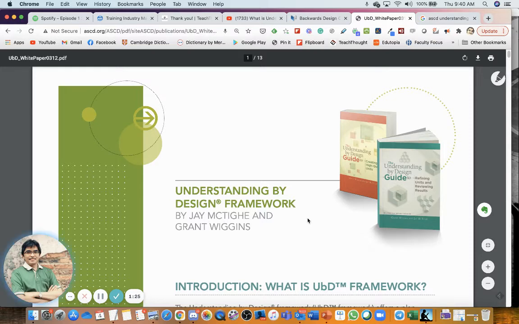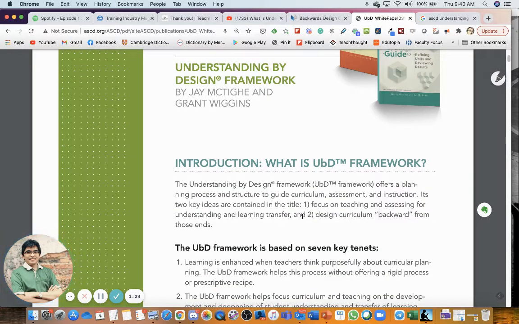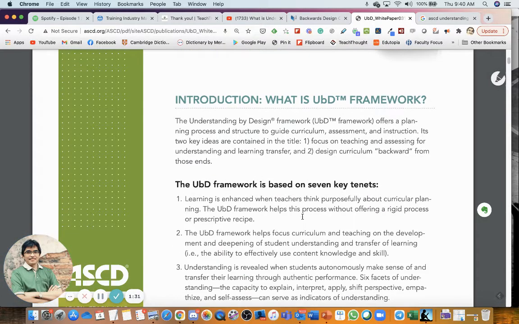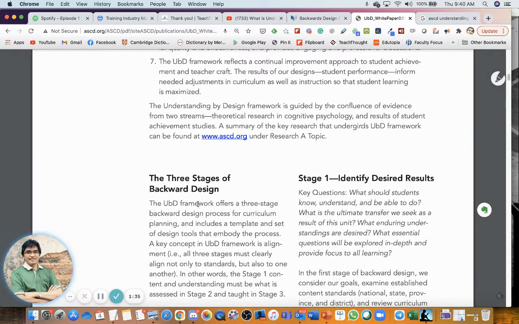ASCD has done a great job here to summarize the essence of Understanding by Design, the concept. One part that I like very much is the concept of backward design. Of course, this aligns very much to outcome-based education and constructive alignment.